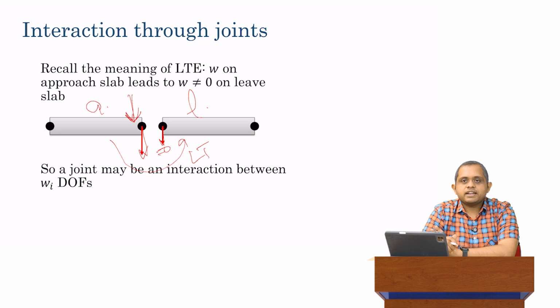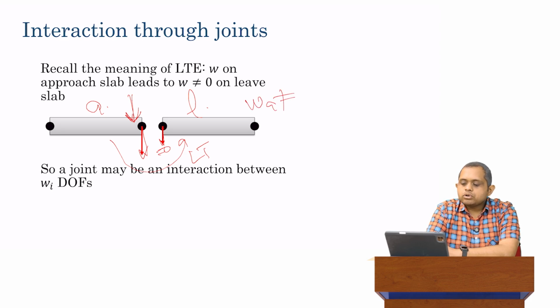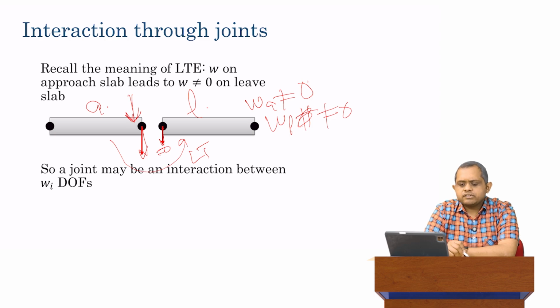Now, naturally, if there is some load transfer, which is what we would expect to have in joints, then if WA is not equal to 0, which it's not because there is a load, then WL will also not be equal to 0. That's basically what load transfer is.